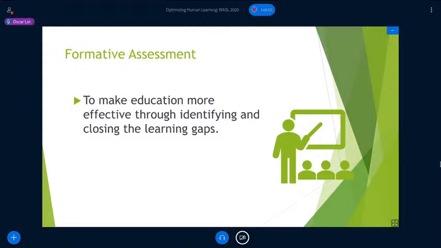Formative assessment has been proposed to make education more effective through identifying and closing learning gaps. Specifically, it intends to generate feedback on performance to improve and accelerate competency acquisition.